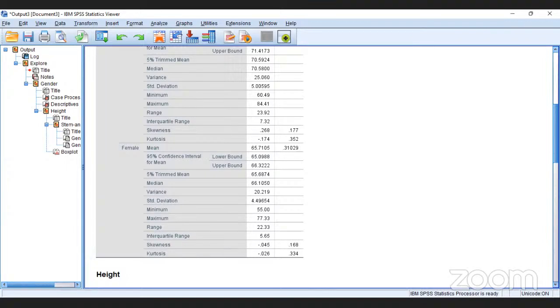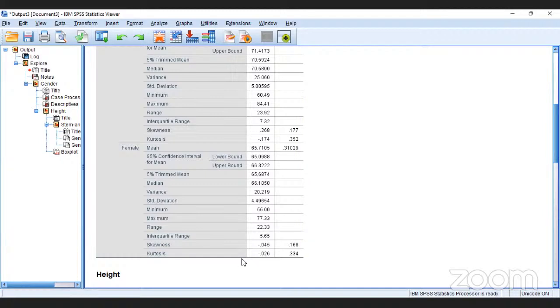Yes, for men it's positive and for women it's negative.